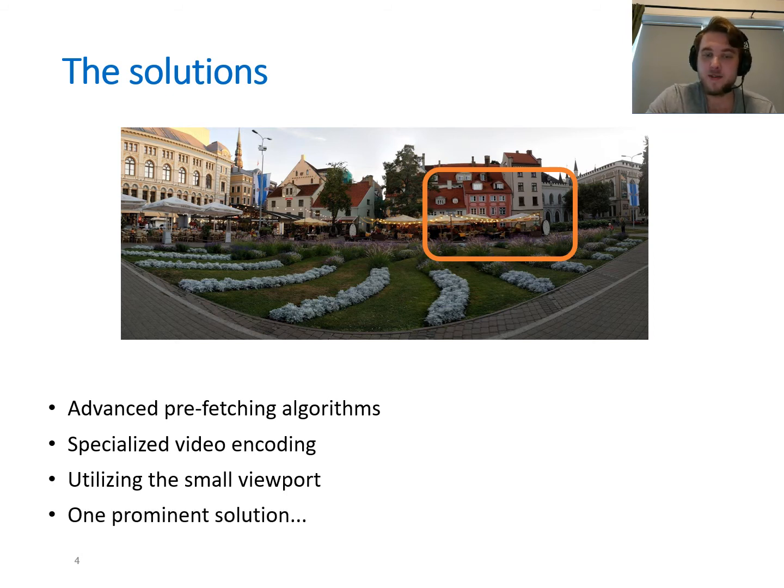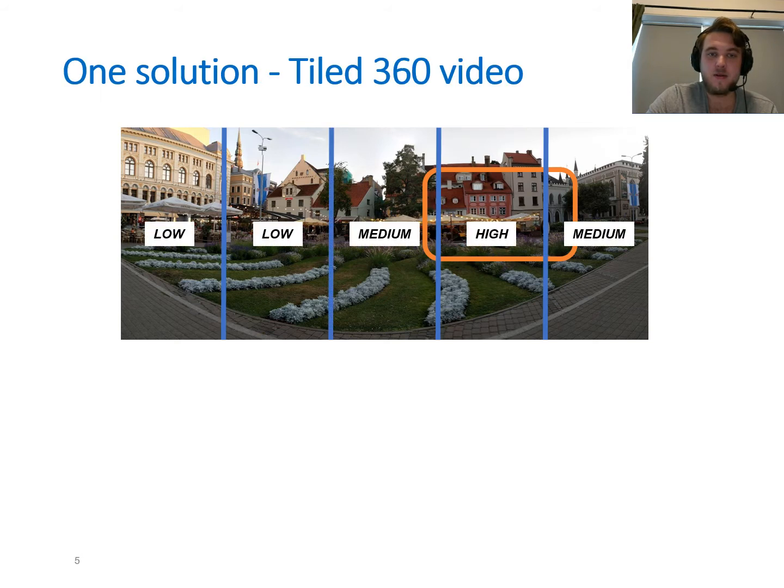One prominent solution is tiled 360-degree video, where you split the video into separate parts. So effectively, in this case, you'd have 5 videos or 5 separate streams, allowing you to fetch the streams separately in different qualities.